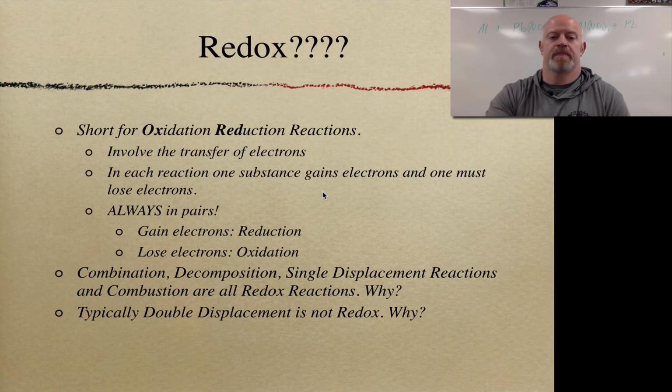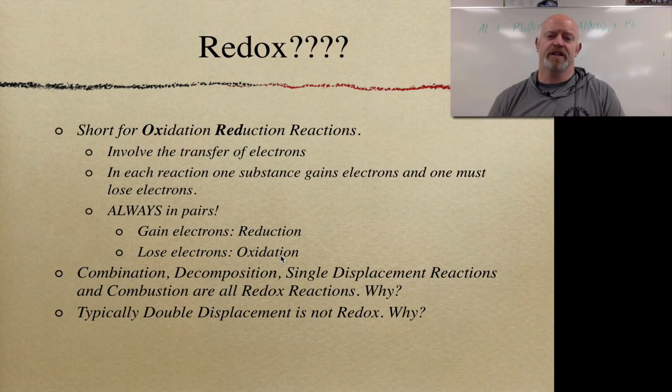When you gain electrons, we call that a reduction. When you lose electrons, we call that an oxidation. So anytime we say that something is being reduced, that means it got some electrons, or if it was oxidized, that means it lost some electrons.